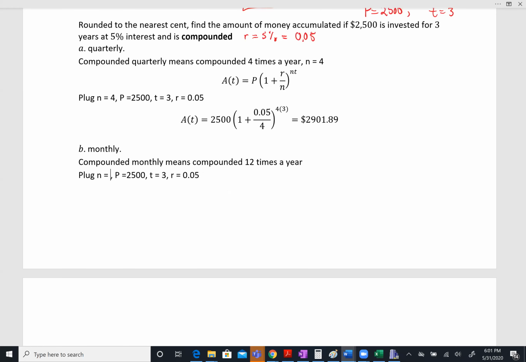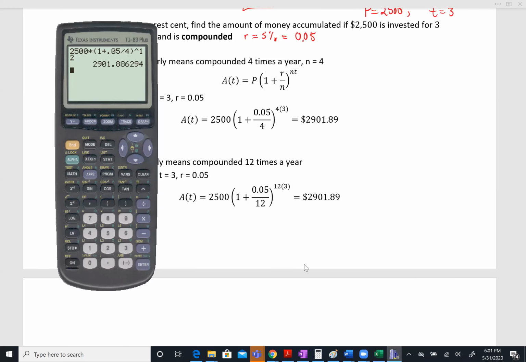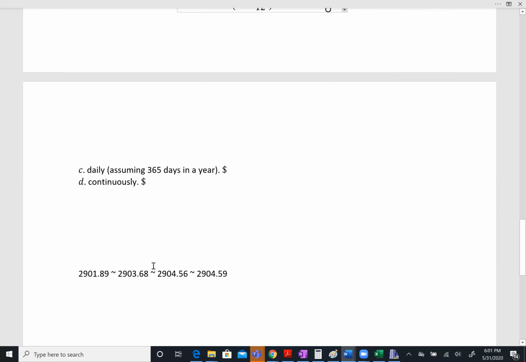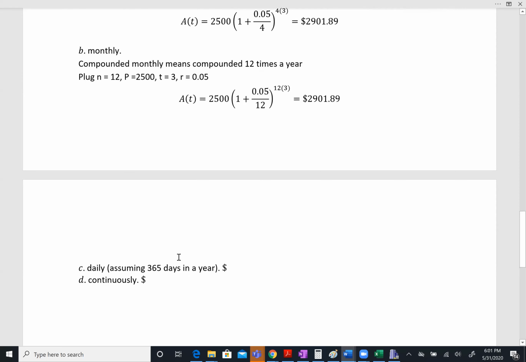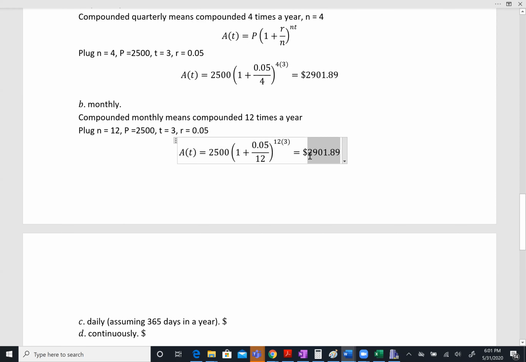So n equals 12, and this 4 becomes 12, and similarly I should have the number 2903.68.